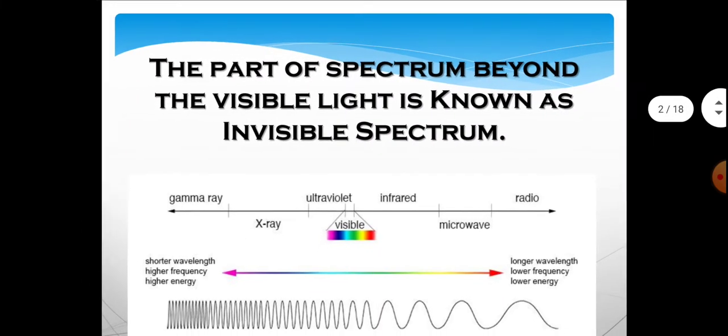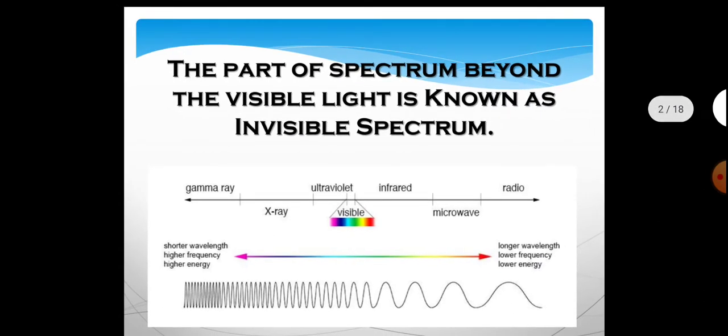First of all, what is an electromagnetic spectrum? Let's try to understand this. The part of the spectrum beyond the visible light is known as the invisible spectrum, and the visible light is called the visible spectrum.